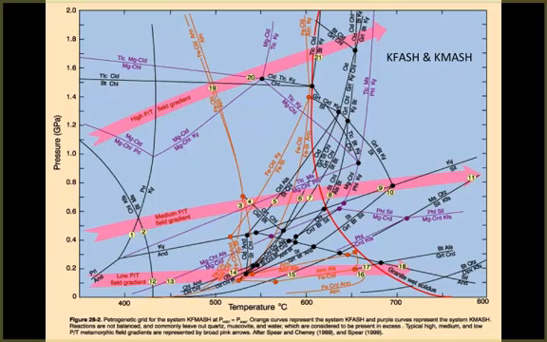You see reactions such as, here's a curve, which is chlorite and K-spar breaking down to form biotite and muscovite. Or at higher temperatures, we have biotite and quartz breaking down to crystallize an orthopyroxene like enstatite and K-feldspar. Or we might see the reaction between biotite and aluminosilicate, in that case sillimanite, to crystallize garnet and cordierite.